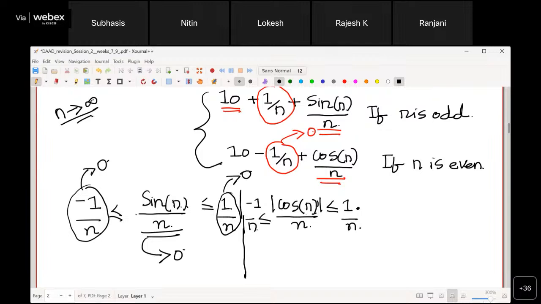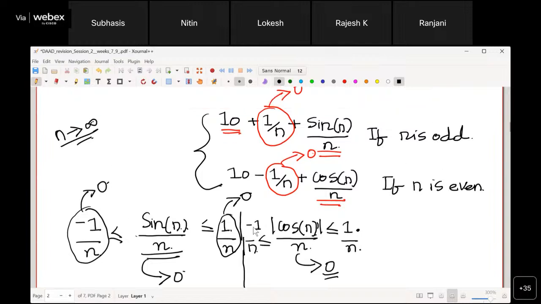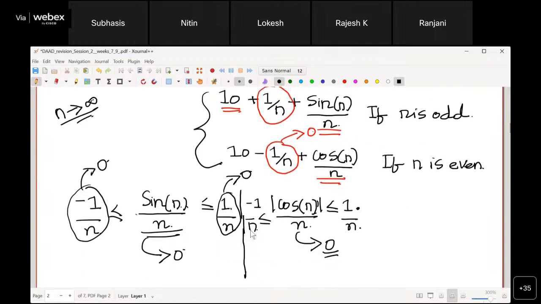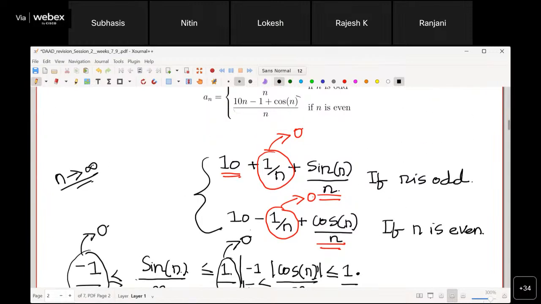And similarly, you can find that the limit of cos n by n is also 0. Clear? So when n is going towards infinity, the limit of this part is 0, and the limit of this part is also 0.